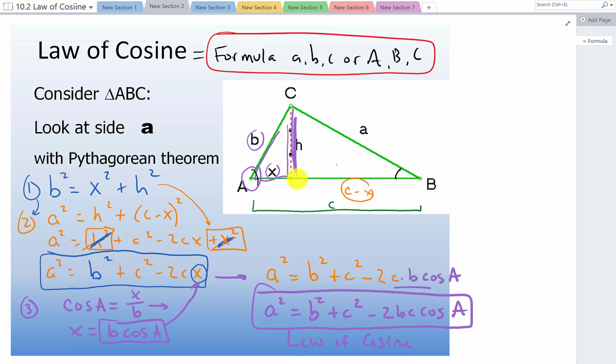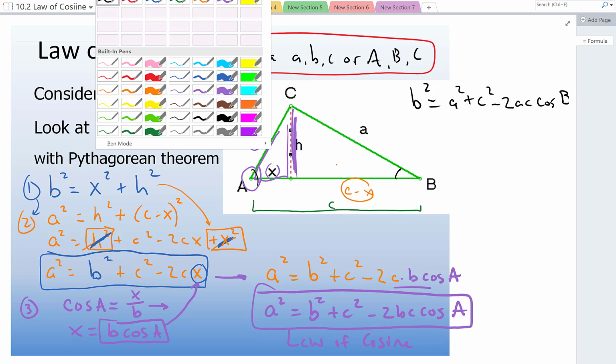And those parallel forms are, instead of A squared, it would start off with B squared equals A squared plus C squared minus 2AC cosine, there's where it gets its name, the cosine of B. So if it equals B squared, then the angle I plug in is B.